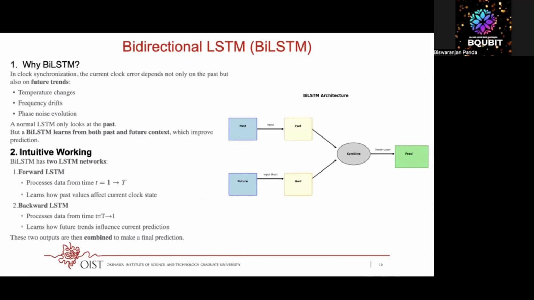The given data includes temperature changes, frequency drift, and phase noise evolution. In Bi-LSTM it is a combination of forward and backward processes. First we train our data in the past input state, and the other in the reverse, future input state.